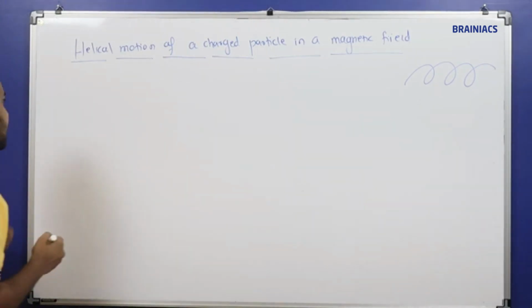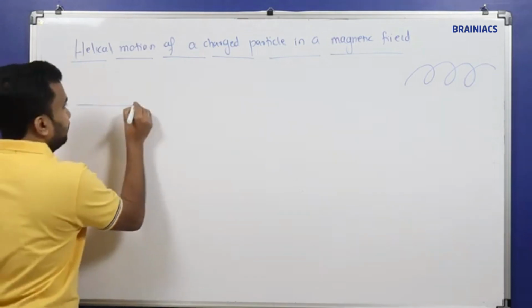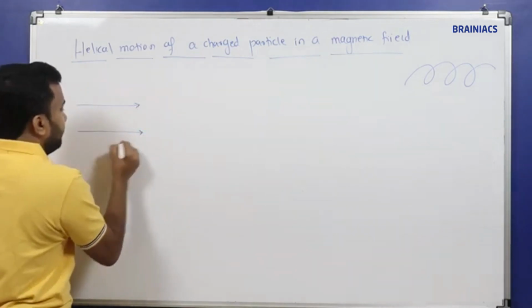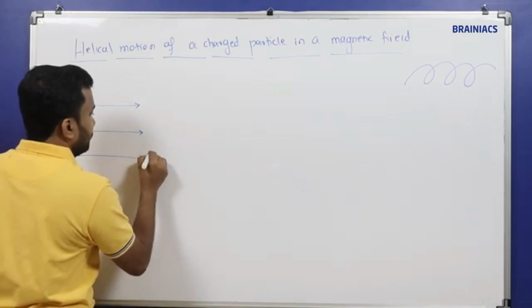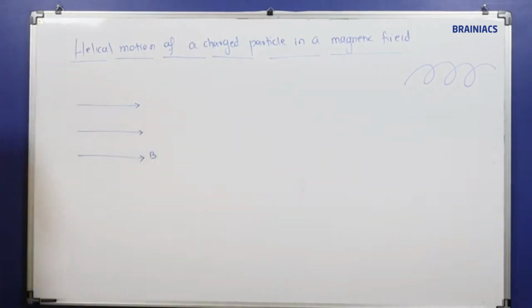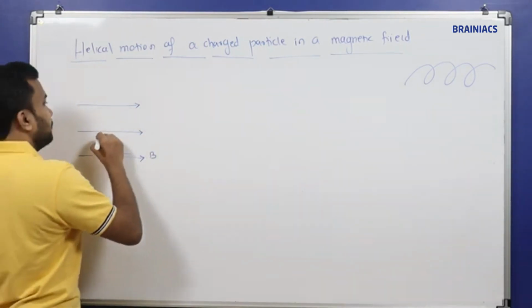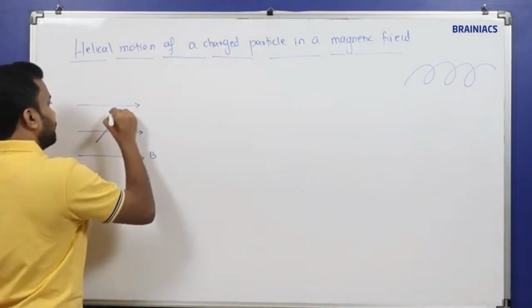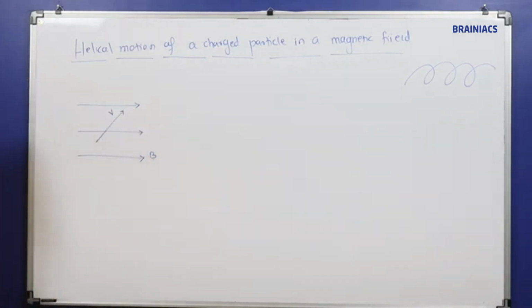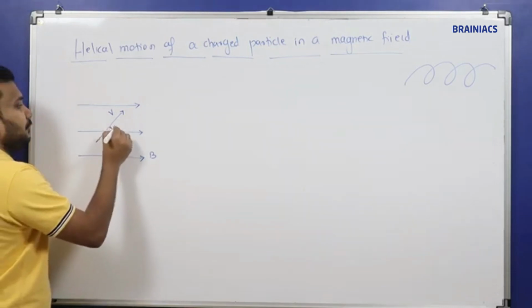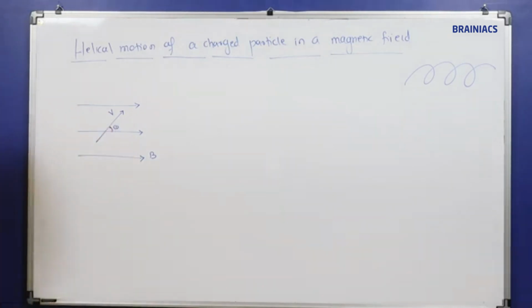So let's have a look at how this is possible. Let's assume you have a magnetic field like this. This is the direction of the magnetic field. And a positive charged particle is moving in this direction with a velocity v, making an angle of theta degrees with the horizontal.